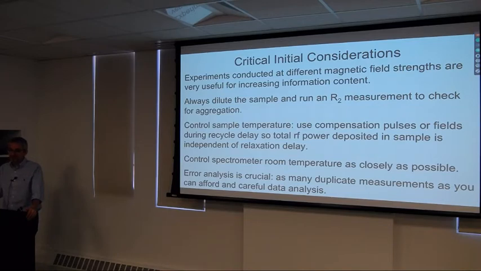But that mean temperature may be slightly different than it is on another spectrometer, even though you think you've set everything up the same. And what we have found to be the best is acquire the spectra, two spectra, overlay them, and adjust the temperature by tiny bits on the second magnet until the spectra absolutely superpose. Any slight difference means that there was a difference between the sample temperatures.